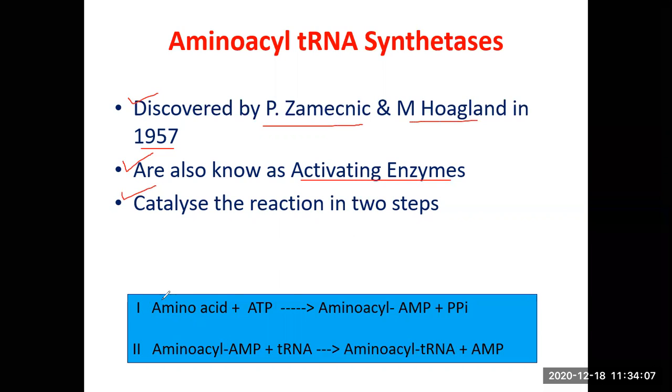In step 1, amino acids react with ATP, so energy input is required, and you get amino acid AMP with the release of PPi. In the subsequent step, the activated amino acids are transferred to tRNA, esterified to carbon number 2 or carbon number 3 of the tRNA. So you get an amino acid ester of tRNA with the release of AMP.